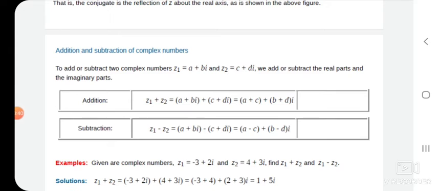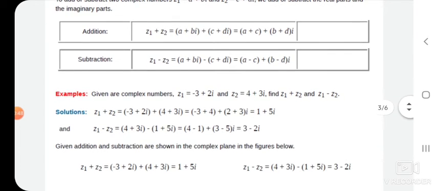So, let us solve some numerical problems related to addition and subtraction of complex numbers. Z1 is equal to minus 3 plus 2i and z2 is equal to 4 plus 3i. We have to add these two complex numbers as well as subtract them.